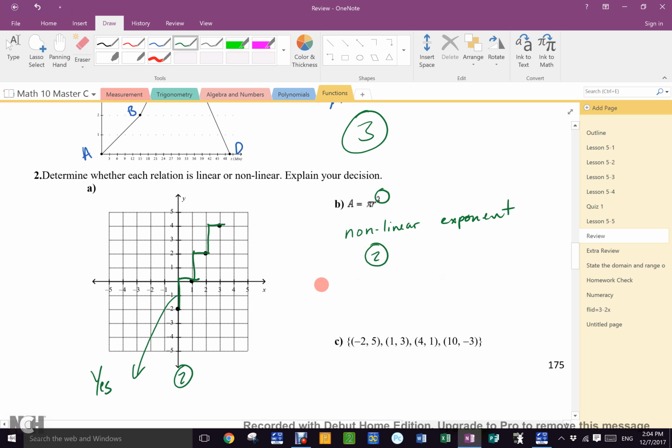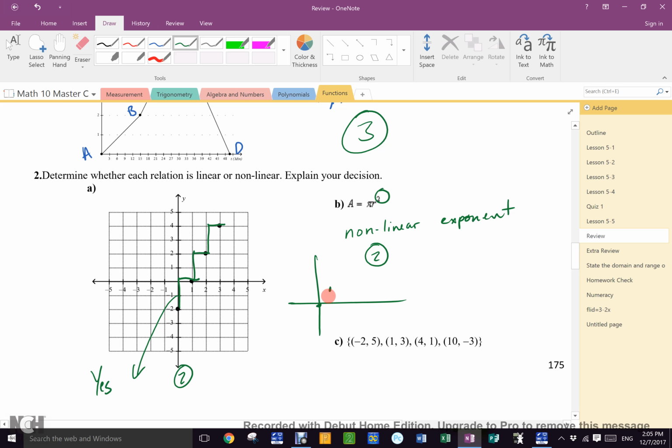I was thinking about how to graph it, and it's exactly how you graph it. If I start at 0, 0 squared is 0, right? So on my x-axis, I'd be at 0, and I'd still be at 0 on y, right? If I go over 1, then I'm going to go up 1, right? Because 1 squared is 1.